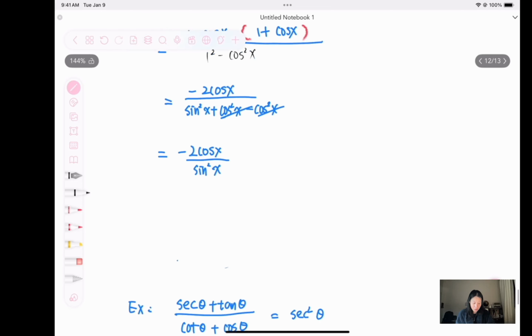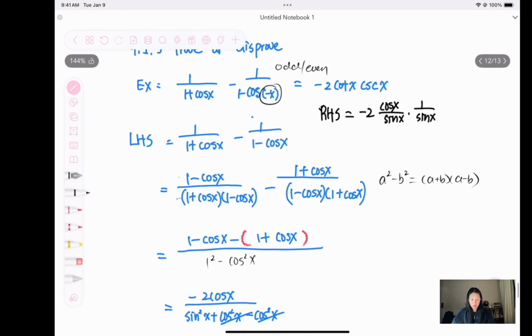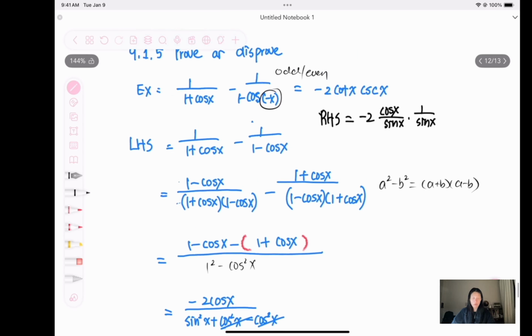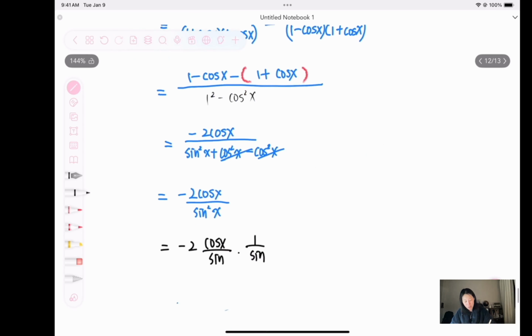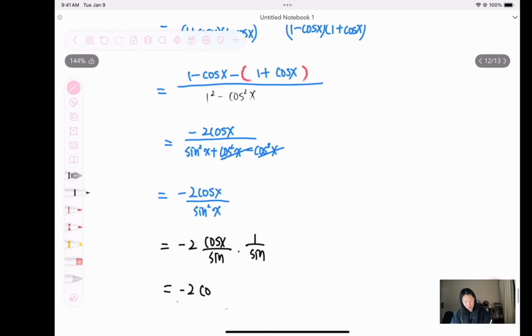Look at how these two are related. Well, I can write this guy times this guy, because I can break the fraction into two fractions in terms of multiplication. Then we're done. The left-hand side equals the right-hand side. We finished the proof, because this equals cotangent times cosecant.